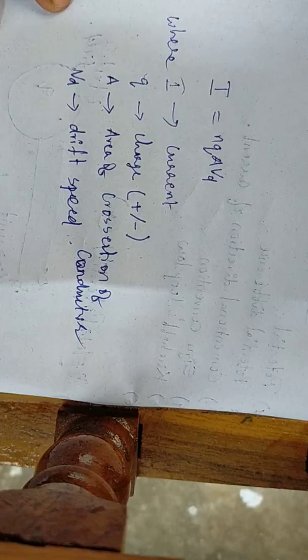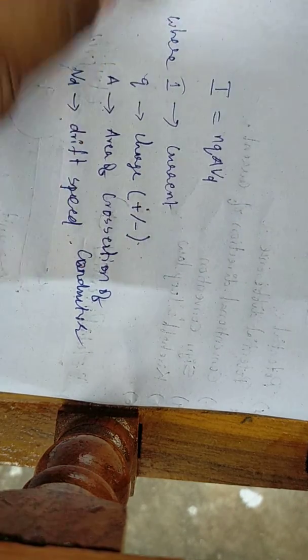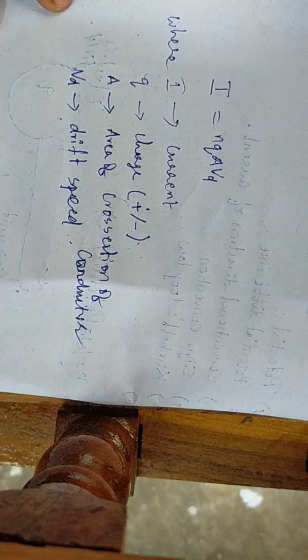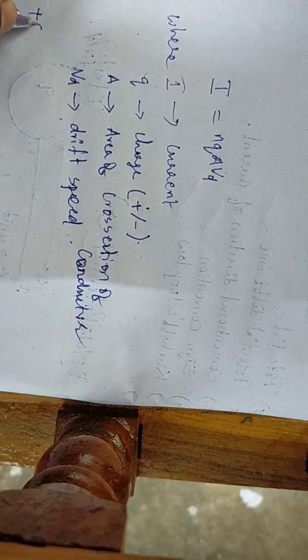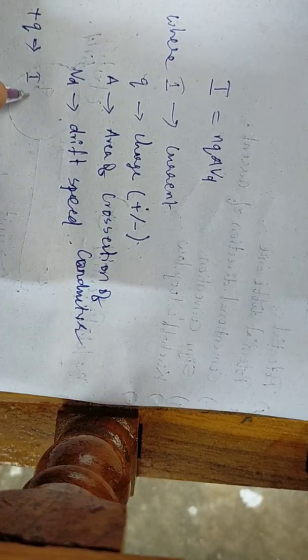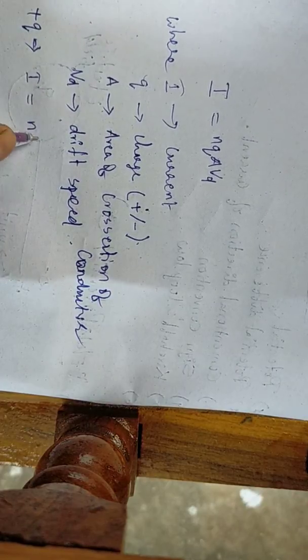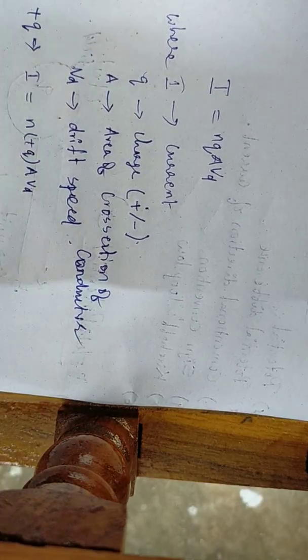So the direction of current depends on the energy carriers. So here the energy carriers or charges. The charge may be either positive or negative. Okay, right? If you take, let us suppose the charge is positive. The charge is positive. So you substitute this positive charge in this equation, N plus Q into A into Vd.